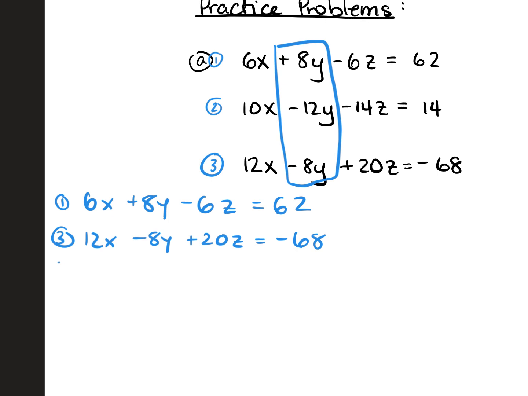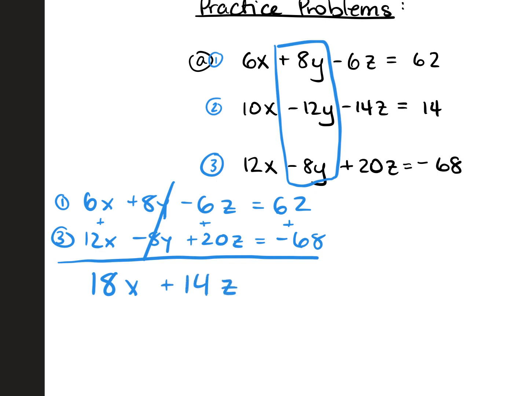Will the y's eliminate? Yep, so we can go ahead and combine all of our like terms now. 6x plus 12x would be 18x. Our y's cancel, perfect. What's -6z plus 20z? 14z. And 62 minus 68? -6.